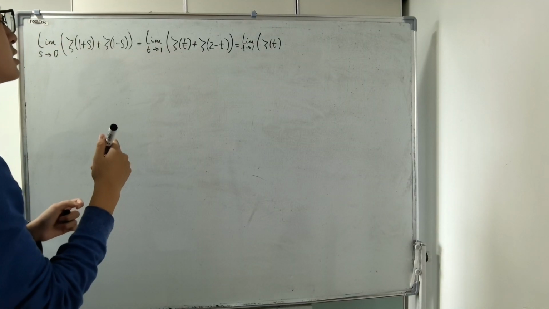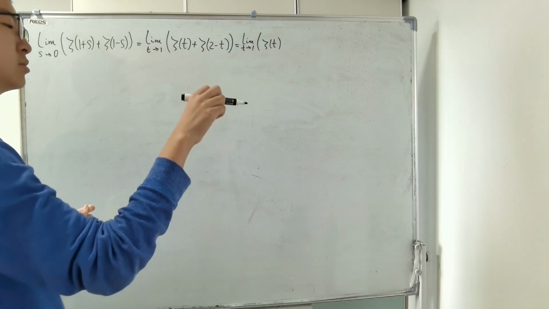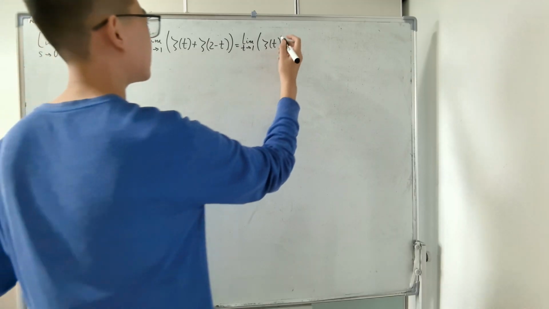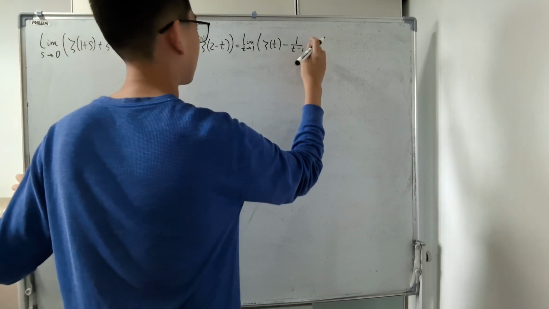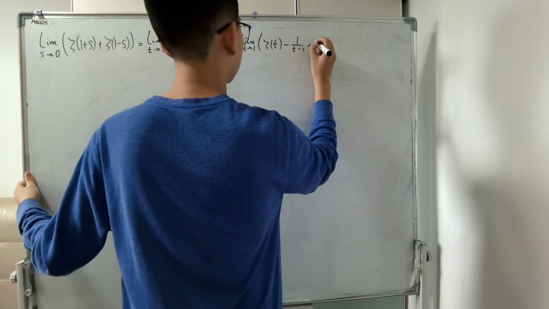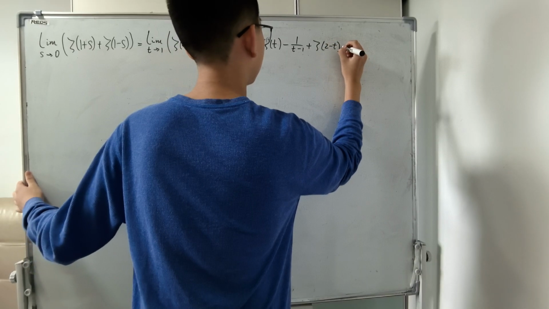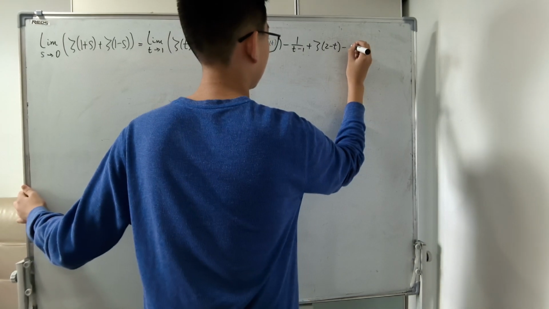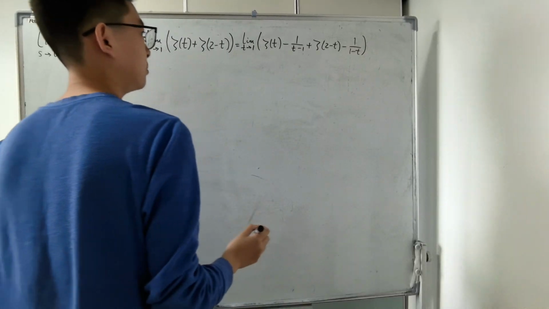I think it's minus. Yeah, it's minus 1 over t minus 1. And then we're going to do the same for this. We're going to do plus zeta of 2 minus t, and then plus 1 over t minus 1, but I'm going to write it as minus 1 over 1 minus t. You'll see why in a second.